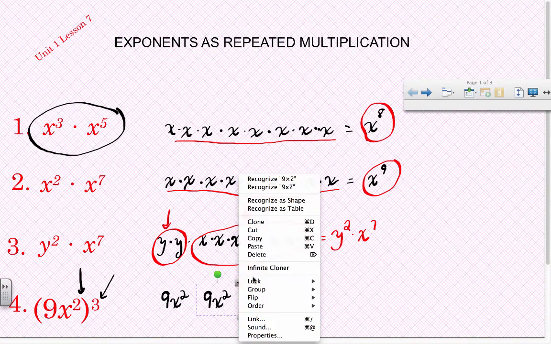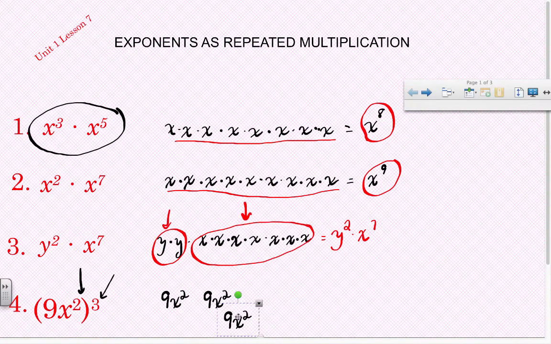So I'm going to make 9x squared, and then I'm going to multiply that together because it's saying take from here to here. That's what the parentheses signify. And then this exponent tells me how many repeated multiplications I'm going to do.